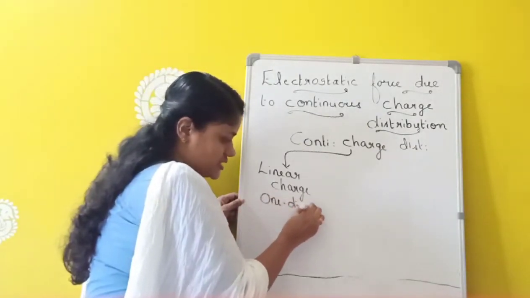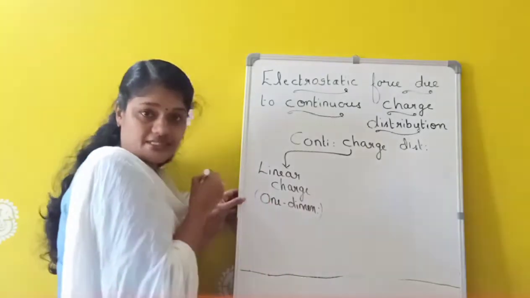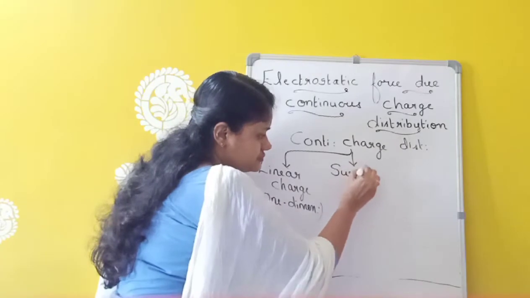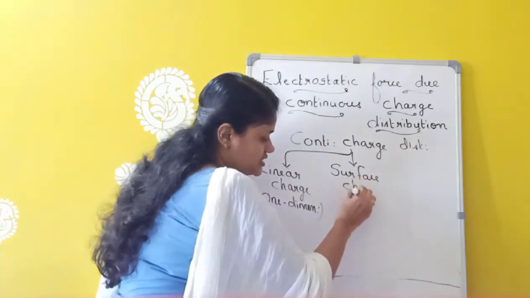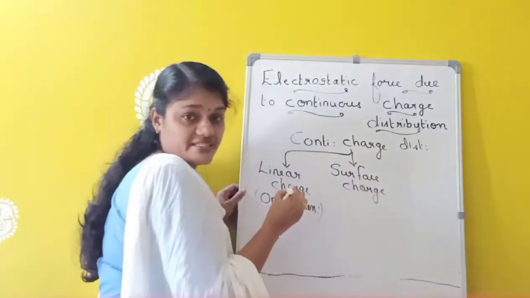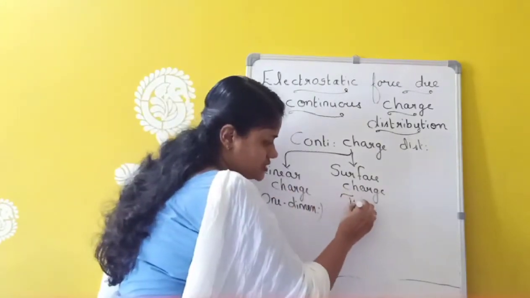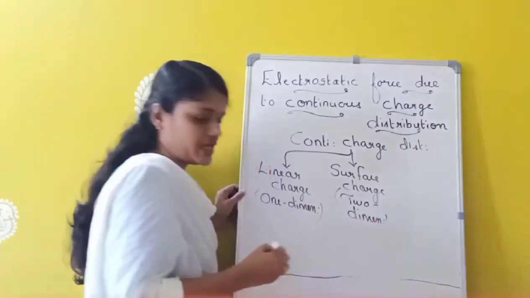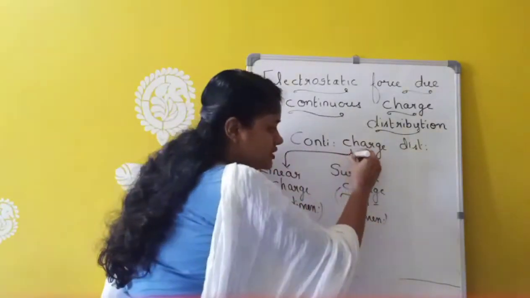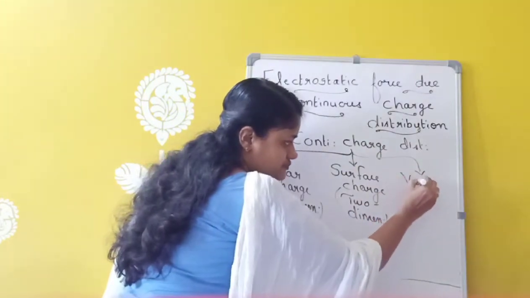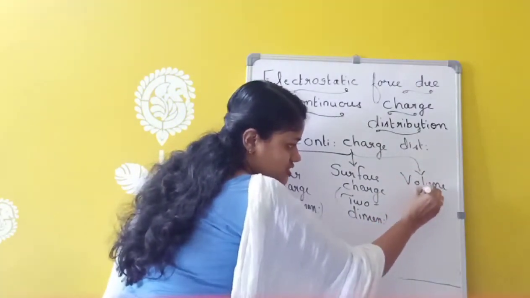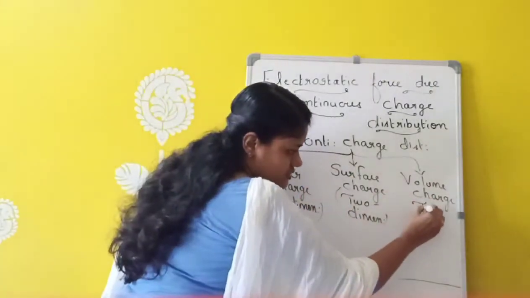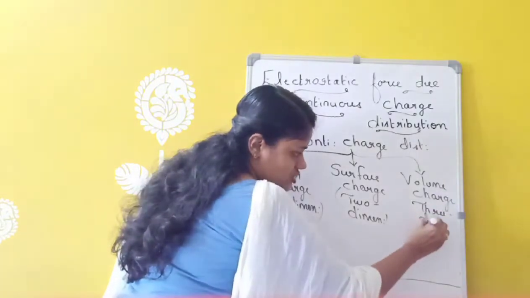Second one is called surface charge distribution, or we can say it is two-dimensional distribution of charge. And third one is volume charge distribution, or it can be called three-dimensional distribution of charge.